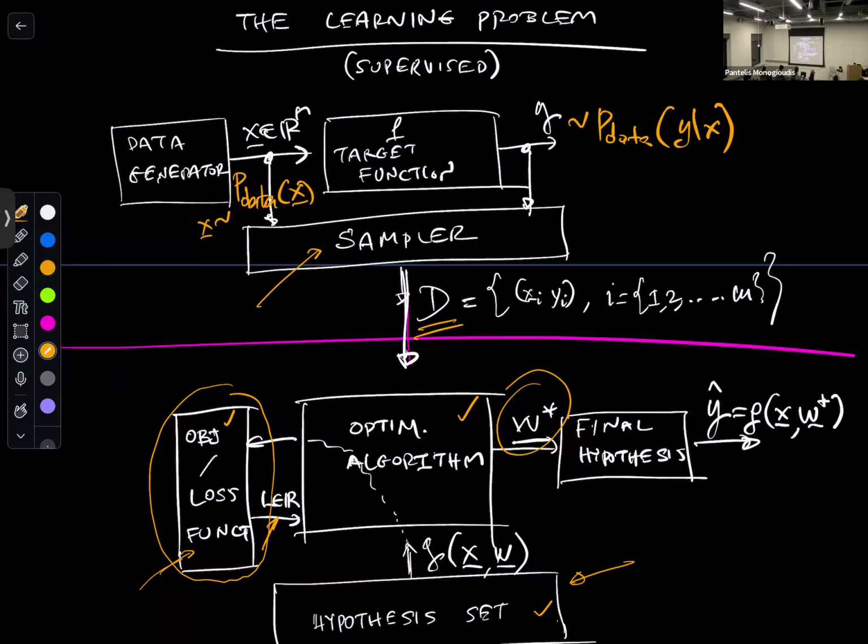I'm writing P data of x comma y, because someone jointly gives me x and y at the same time. But if I apply the product rule, what should I get? P data of y given x times P of x. Do you see the product rule now?